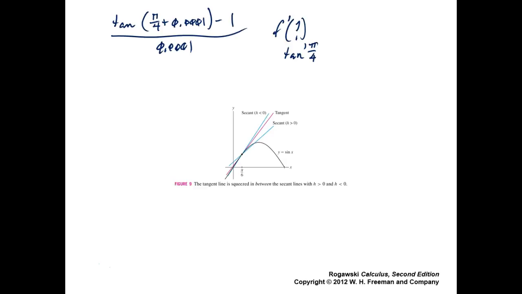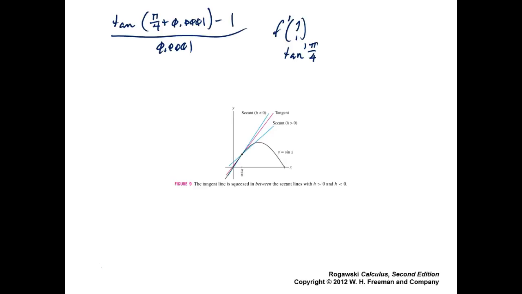Now, why is that true? Because this is a tangent at pi fourths plus a very small number minus a tangent of pi fourths. What is tangent of pi fourths? Yeah, exactly, 1. So this is tangent of pi fourths plus h minus tangent of pi fourths, over h.